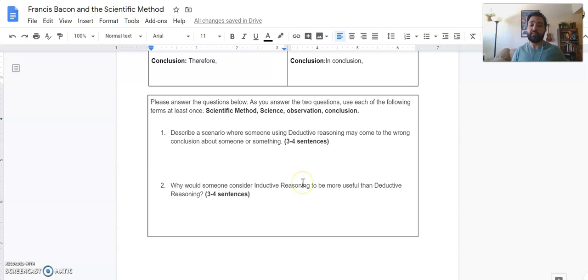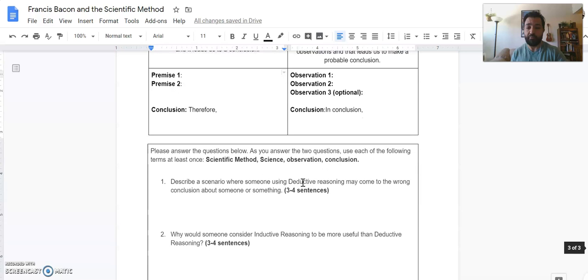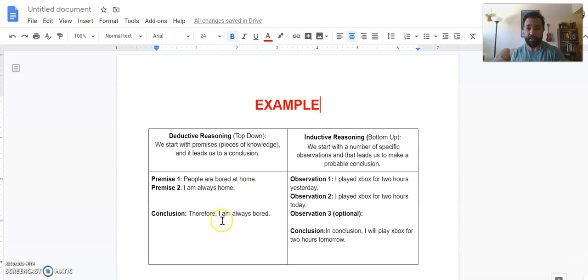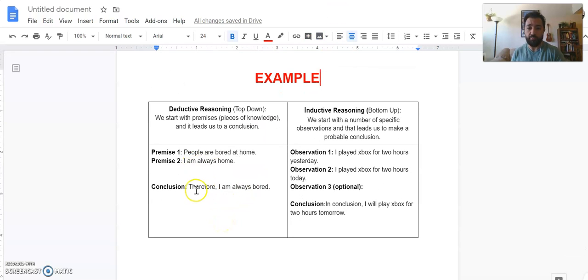The first question asks you to describe a scenario where someone using deductive reasoning may come to the wrong conclusion about someone or something. My example for that is, people are bored at home, I'm always home, therefore I'm always bored. That doesn't necessarily prove that I'm always going to be bored, right?